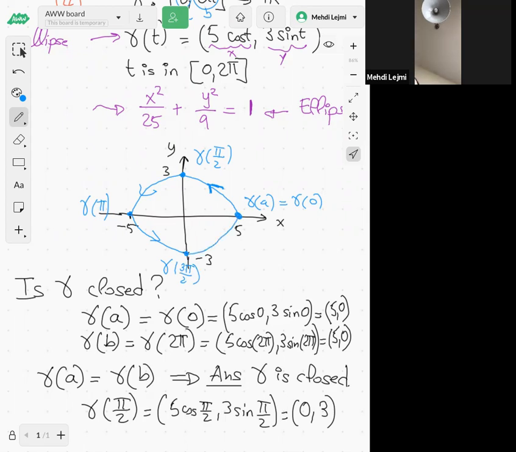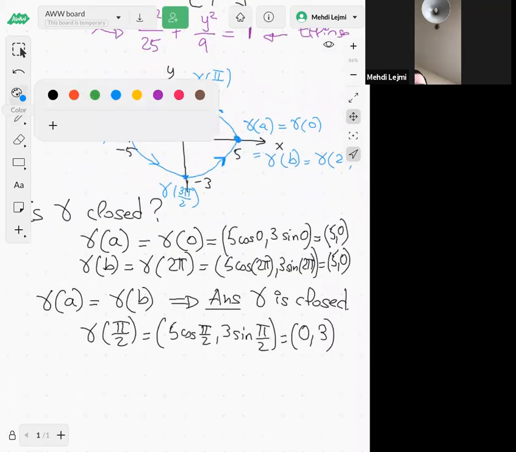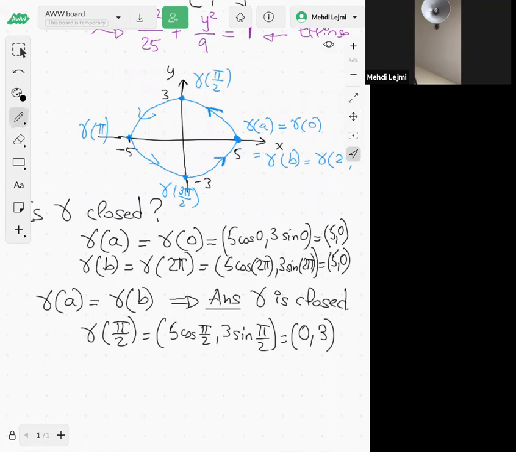So we come back to the initial point, (5, 0), which is gamma of 2 pi. So this curve gamma is closed, and it's also simple, because it has no self-intersection.